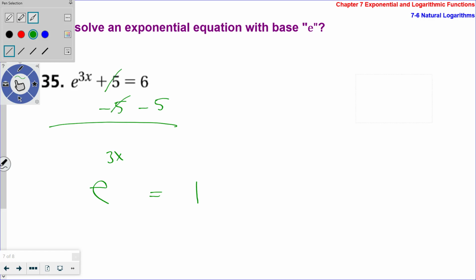Juliet? So would it be log base e 1 equals 3x? You can do that, yeah. That's another way. So we'll do that on the other side. That's technically another way to solve it. So we'll do that way in a second.